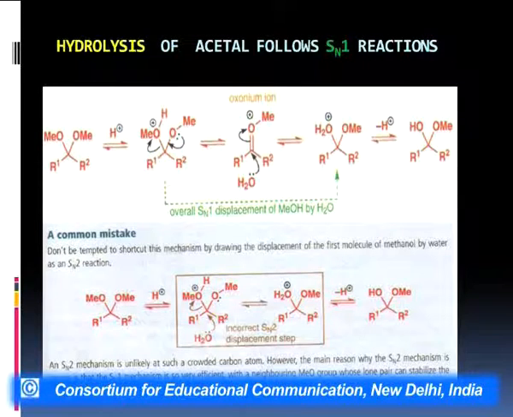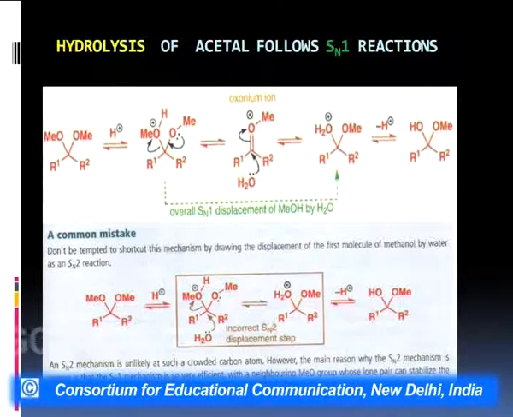Secondly, the carbocation which we are getting in the SN1 reaction is resonance stabilized. So both the features, that is the stabilization of the intermediate cation formed and the steric hindrance, will push the reaction mechanism towards SN1 and not towards the SN2 mechanism.